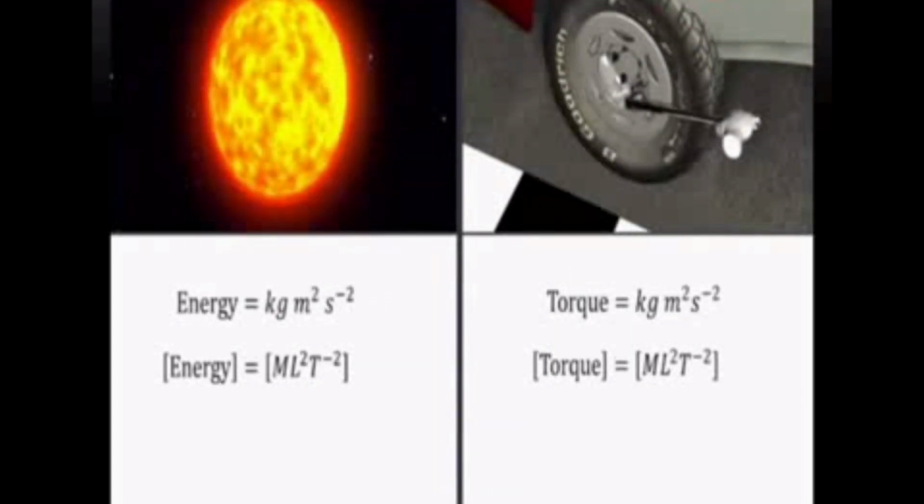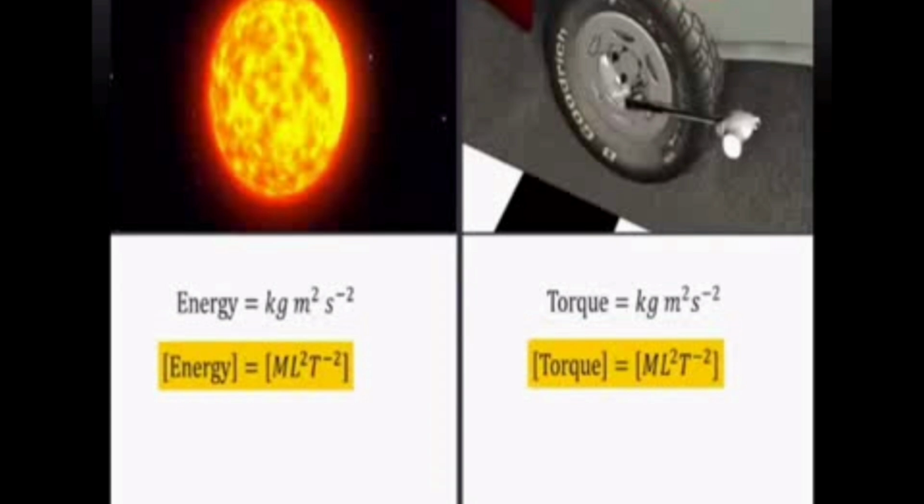You can see these two quantities, energy and torque. Energy and torque have the same SI unit. They have the same dimensional formula, m L square T power minus 2, for energy. At the same time, torque also has the same dimensional formula, m L square T power minus 2.